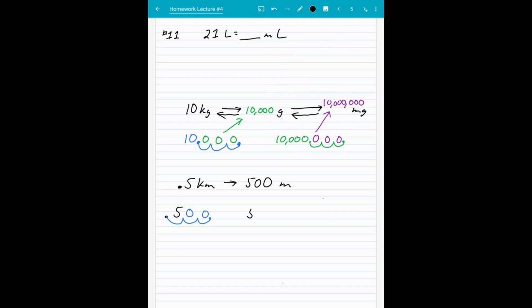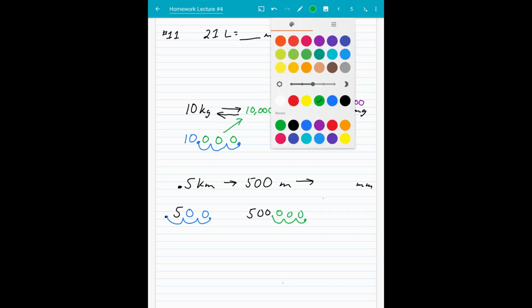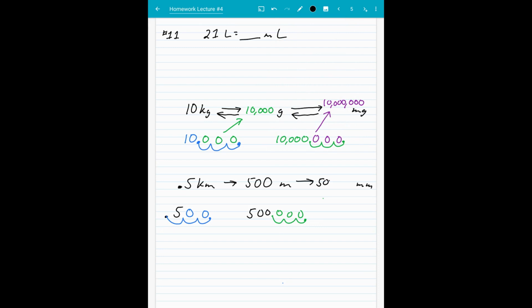Next, take the 500. If we want to make that into millimeters, we have to move the decimal place over 3 more times. 1, 2, 3. And that gives us 500,000 millimeters. So again, think about a ruler, a standard 1-foot ruler. You'll notice on the other side of most rulers it has centimeters and meters.